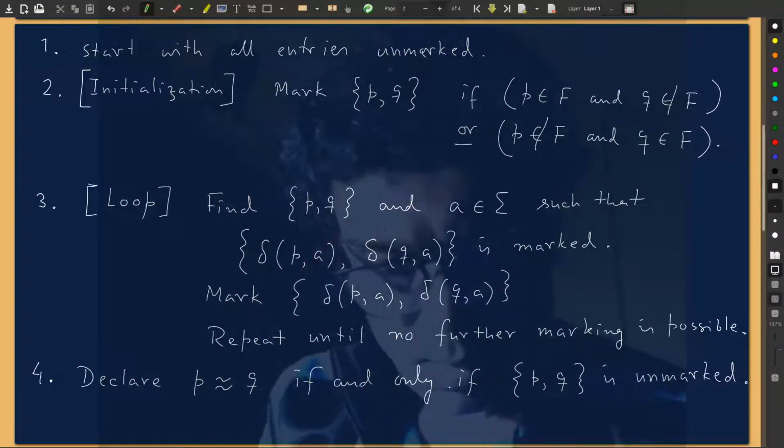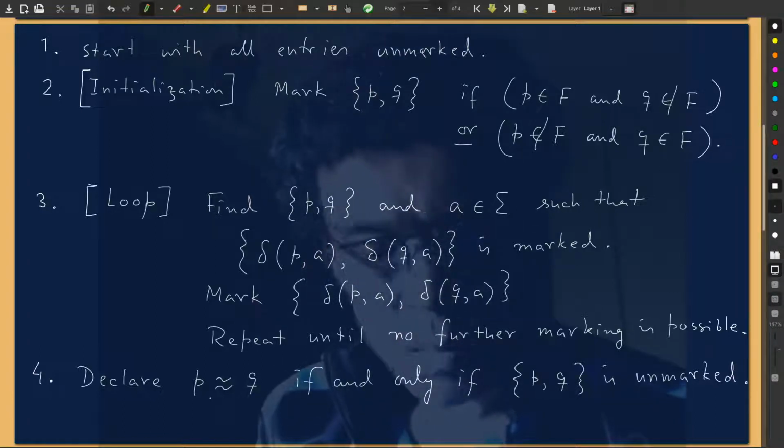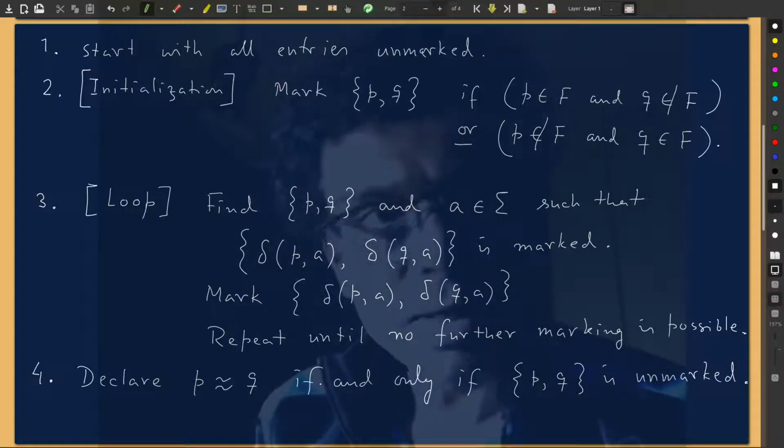Okay, so this is the straightforward algorithm. We will look at its performance a little later.